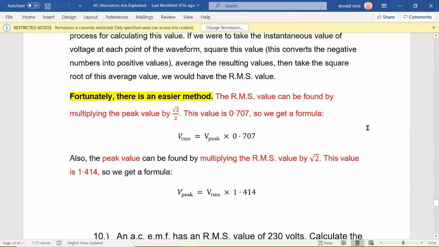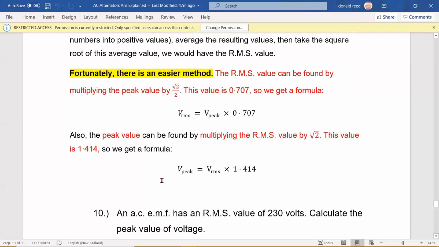Also, the peak value can be found by multiplying the RMS value by the square root of 2. This value is 1.414, so we get a formula: V peak equals VRMS multiplied by 1.414. Do we see that?